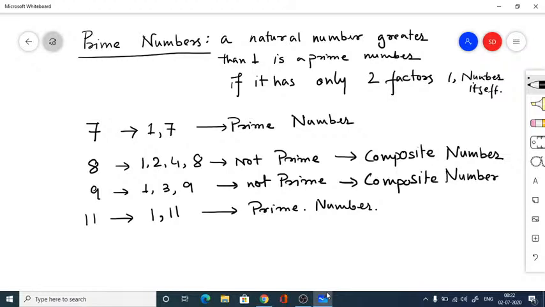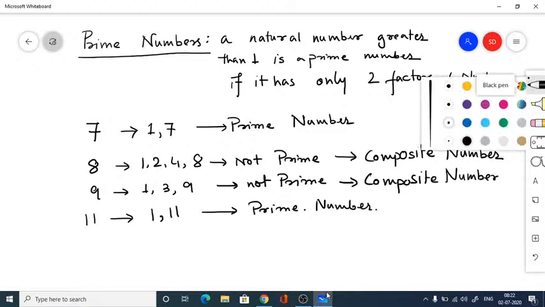Now, there is always a confusion as to whether 1 is a prime number or not. So 1 is neither prime nor composite. So it does not belong to any one of the categories.